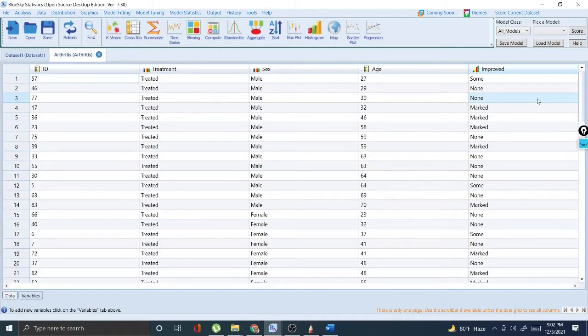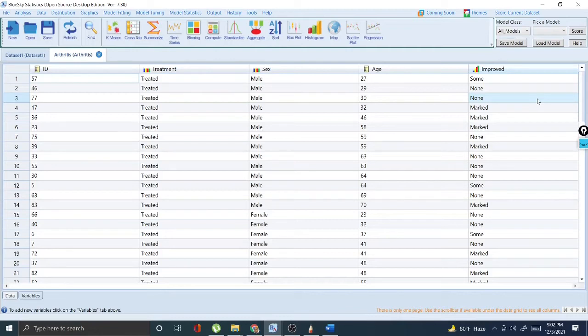So if the p-value is less than 0.05, it means that the two groups are not independent, and the decision of one group will appear to affect the other group.